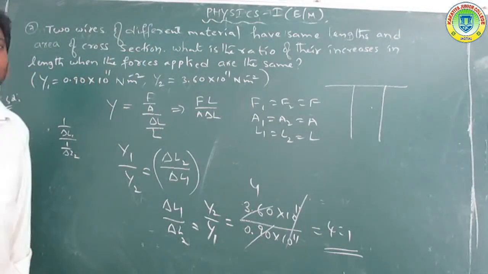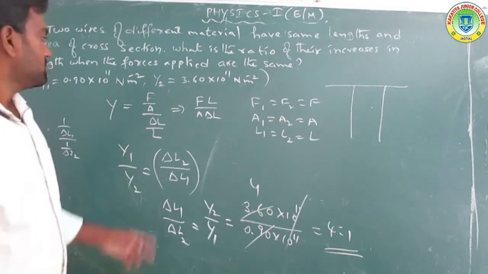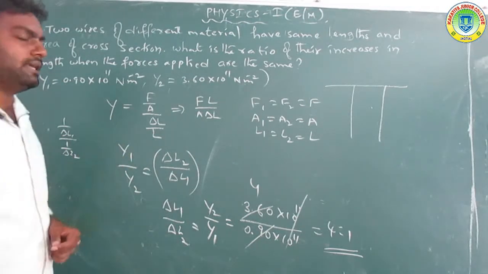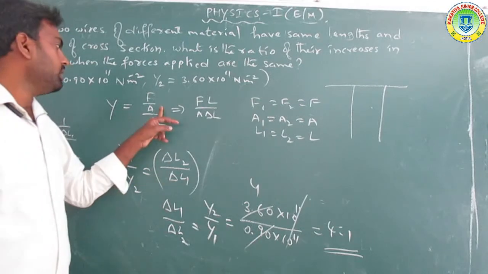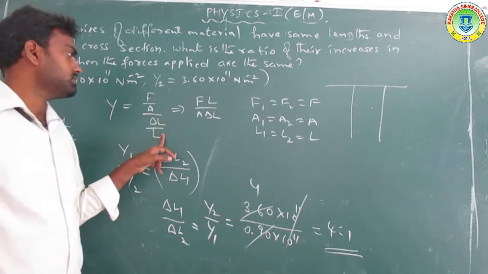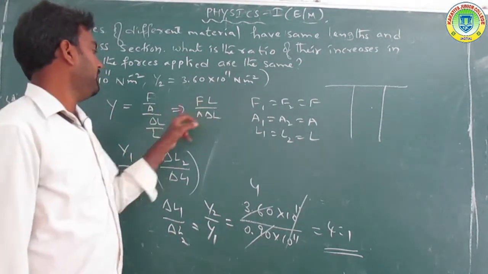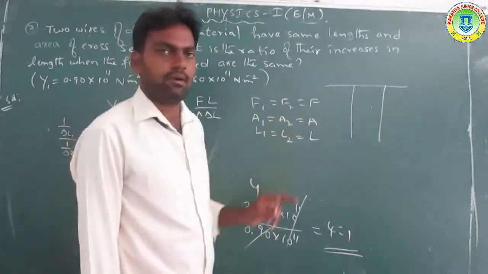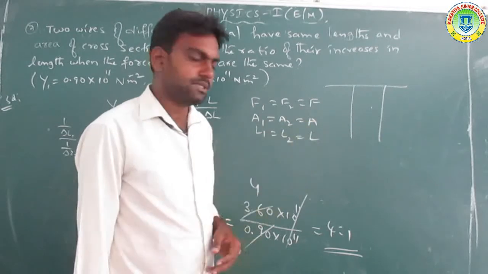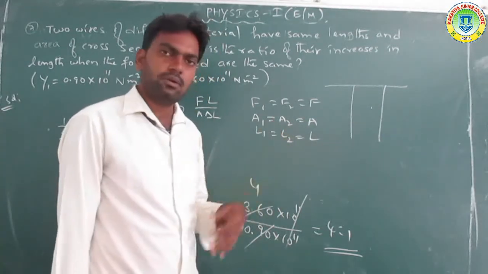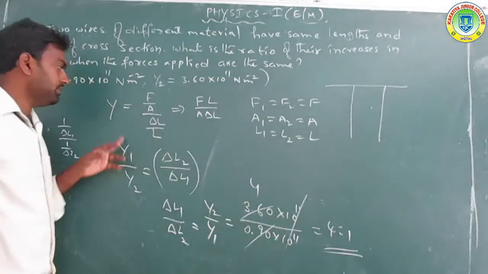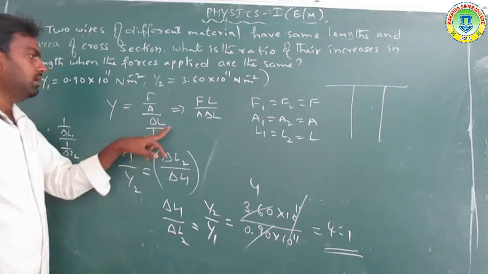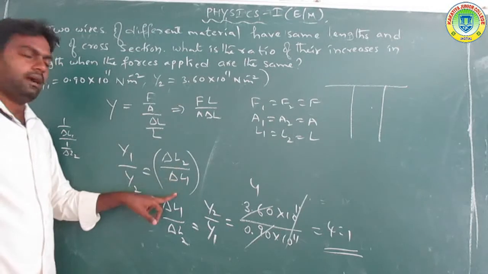Now, the formula we already know: Young's modulus is equal to longitudinal stress by longitudinal strain, that is F into L by A delta L. Given that the two forces are equal, the area of cross section is the same and the length is also equal, for the two wires Y1 by Y2 is equal to delta L2 by delta L1.